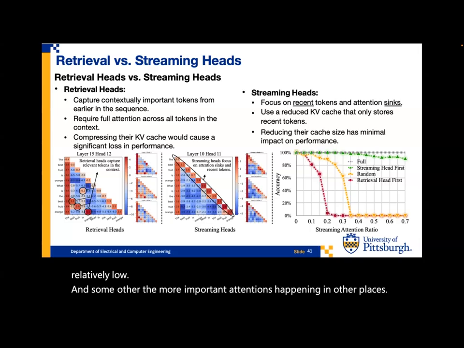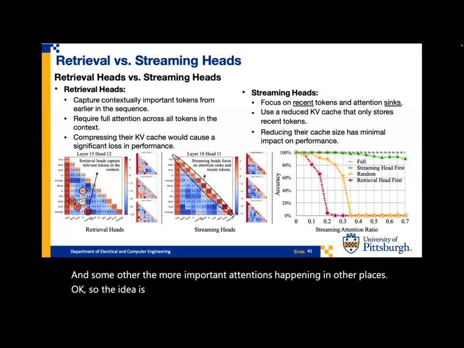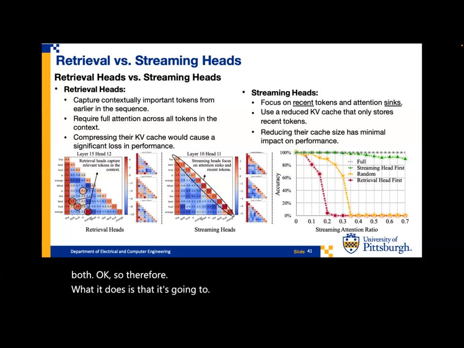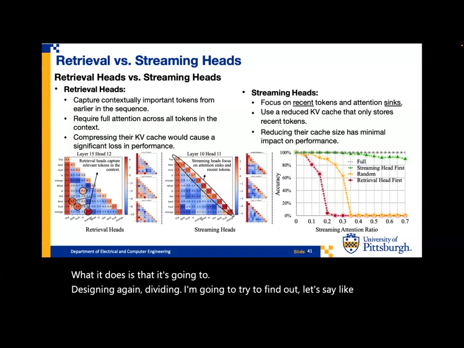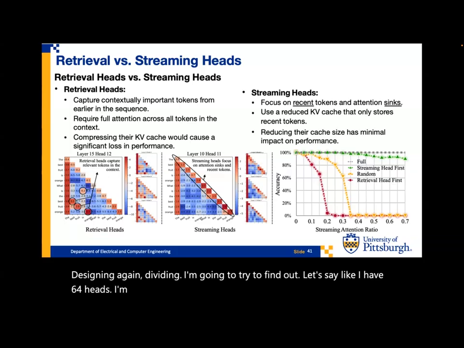Okay, so the idea is, can we combine both and get the best of both? Let's say I have 64 heads. I'm trying to find out which of these 64 heads have this pattern and which have that pattern.